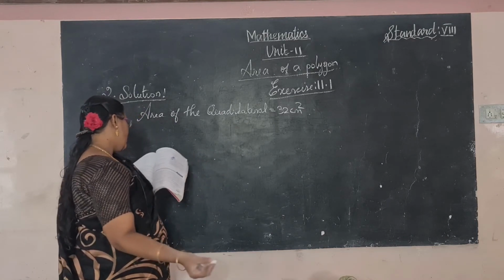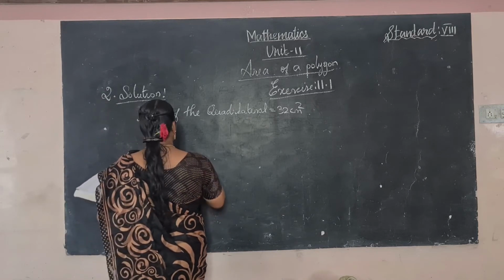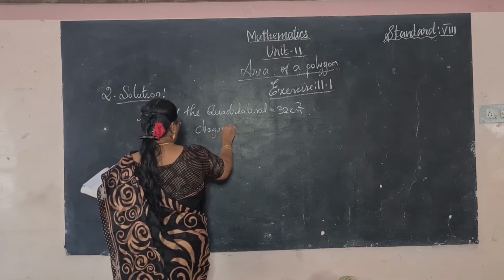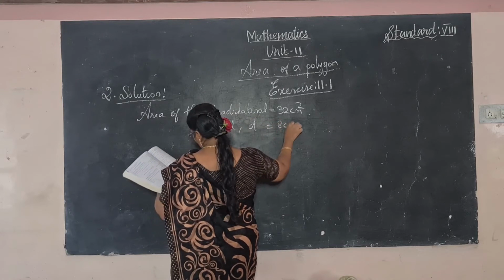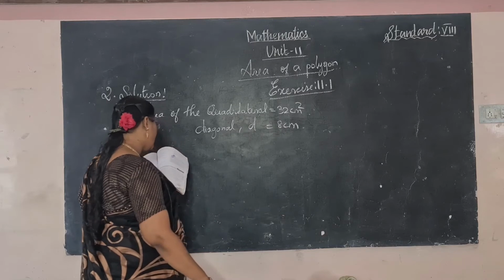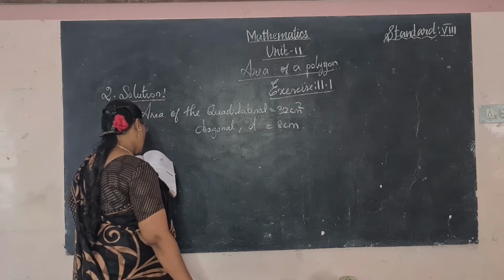AC, the diagonal, is equal to 8 centimeters, and the length of the perpendicular from B on AC is 4 centimeters. So one of the heights is given.